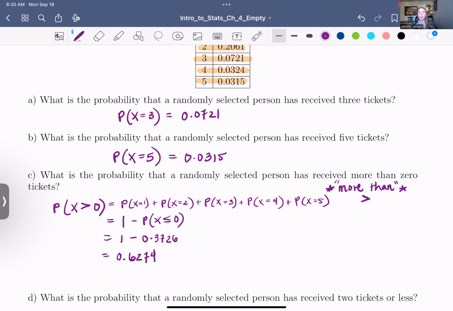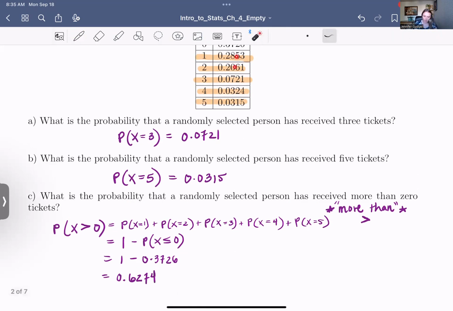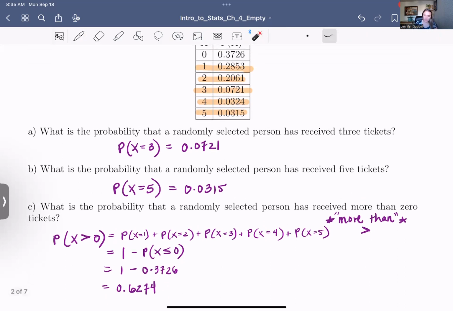Again, you could have found that by adding those other numbers. Go and check it. Add up all of these values together, and you should get that value exactly. But this was a lot easier to subtract out than it was to go through and add the other 5 values. All right, last one for this example.